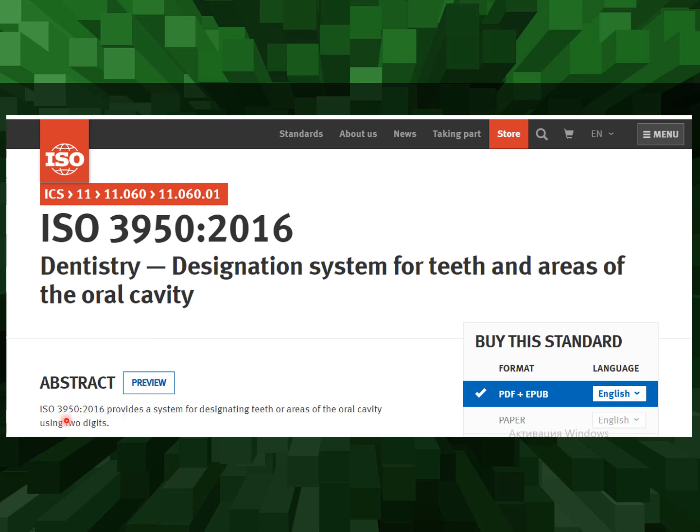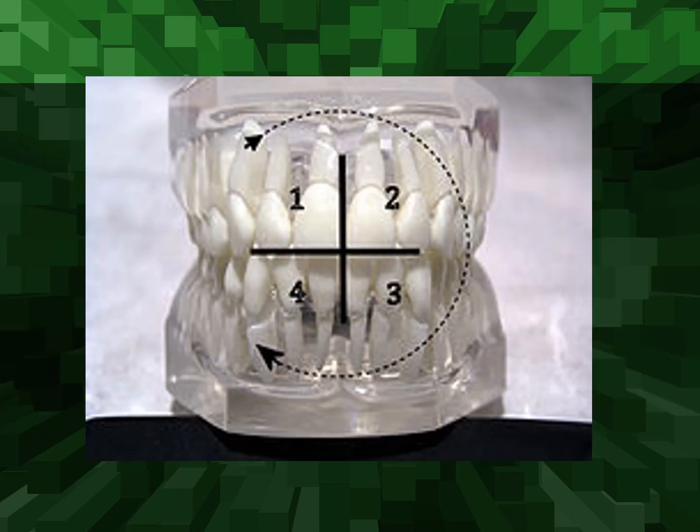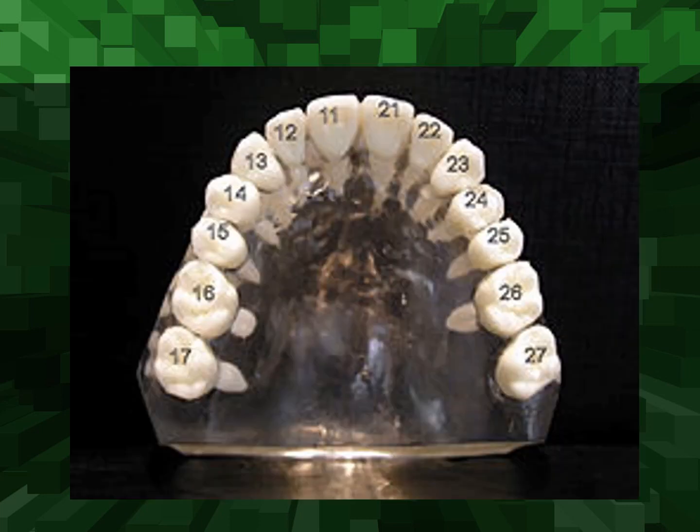And this system, ISO 3950:2016, provides a system for designating teeth or areas of the oral cavity using 2 digits. The first number means the number of the quadrant. 1 upper right, 2 upper left, number 3 lower left, number 4 lower right. But the second number means the number of the tooth. Number 1, upper central incisor.